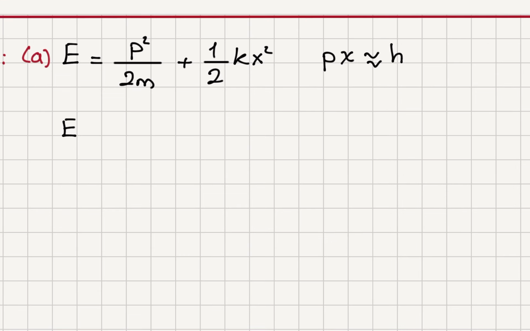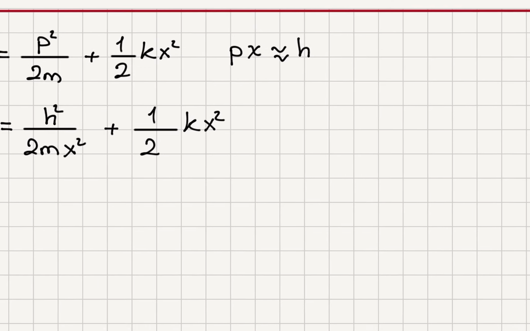So we can write for the total energy, p = h/x. Let's substitute that here: h²/2mx² + 1/2 kx². So the energy has been written as a function of x.